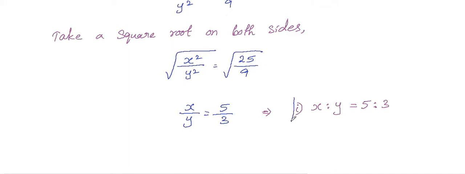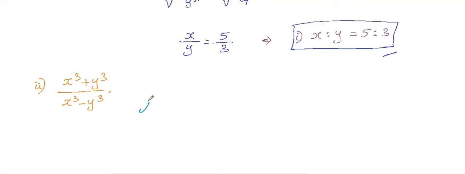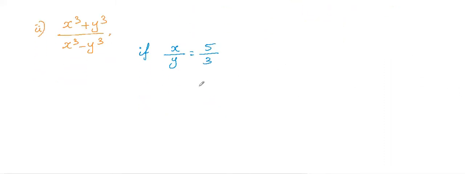Now let's move to the next part of the question, which is find the value of (x³ + y³)/(x³ − y³). We got x/y equals 5/3.